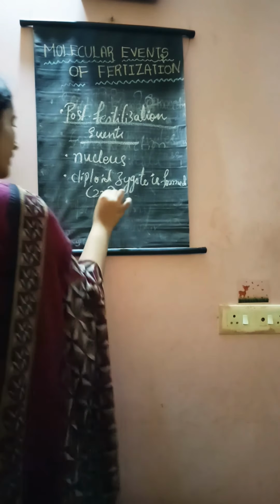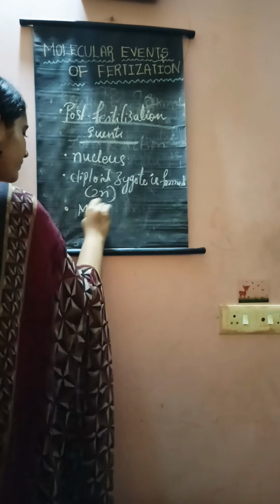Now the zygote will be formed, which is diploid. A diploid zygote is formed, which is 2n in number. Then the zygote will undergo mitotic cell division.